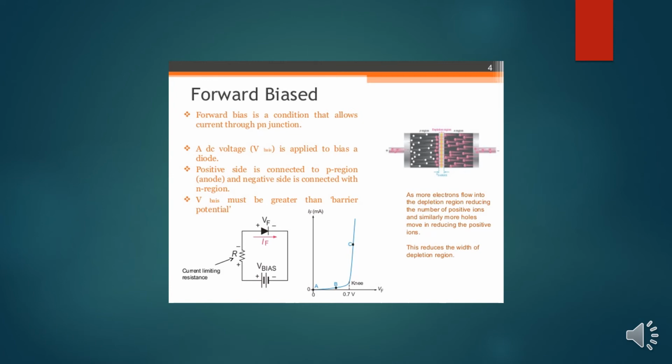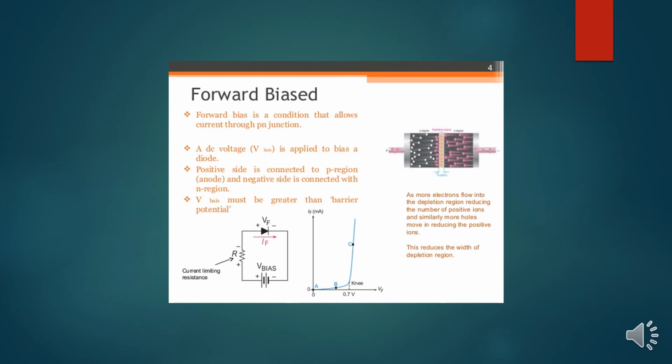What happens in forward biasing? Forward bias is a condition that allows current through the PN junction. A VDC voltage is applied as the bias voltage. This is the diode, the diode voltage and the diode current, and this is the externally applied bias voltage. The positive side is connected to the P region and the negative side is connected to the N region.